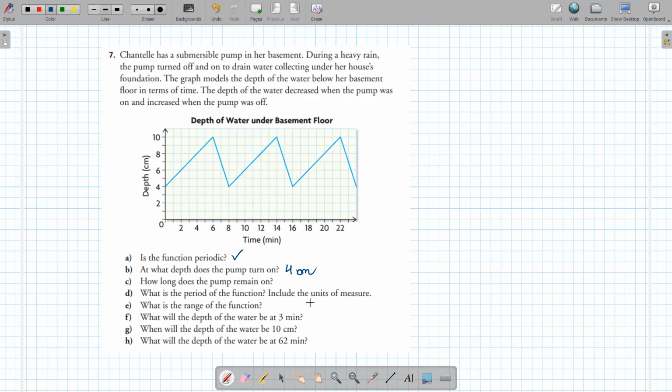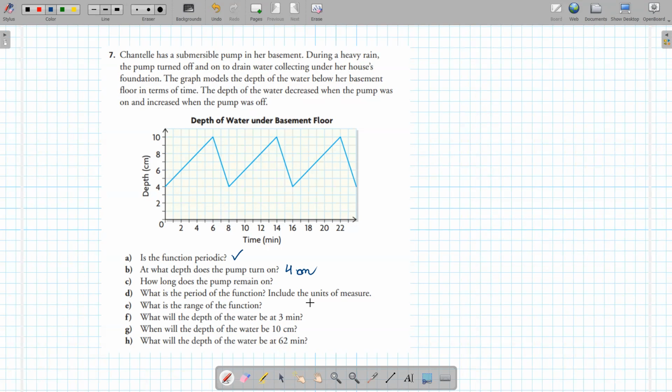So it stops every 6 minutes. That's right. Okay, what's the period of the function? 8. 8 is right.